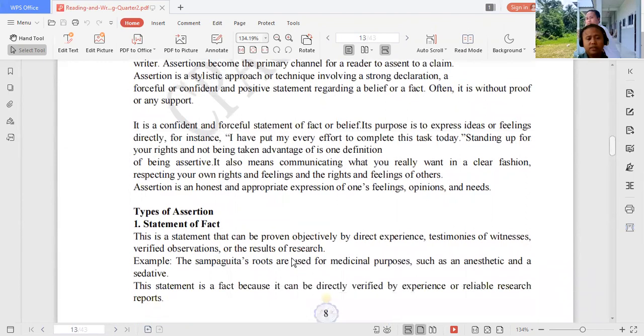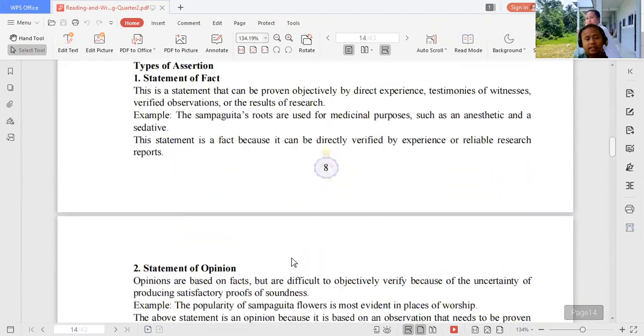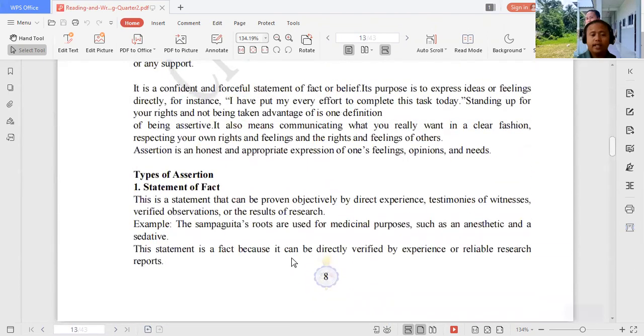So number 1 type of assertion here is statement of facts. It can be proven objectively by direct experience, testimonies of witnesses, verified observations, or the results of research.